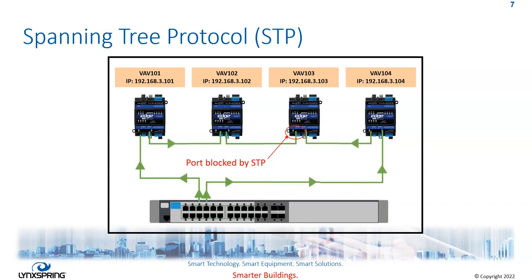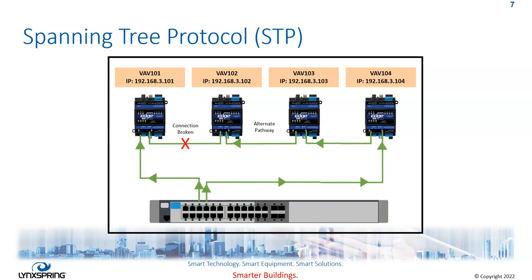So if the network connection between the VAV 101 and 102 is disconnected for any reason, such as during renovation, or maybe the cable goes bad, well, then the network pathways are going to be reevaluated and an alternate pathway is going to be implemented. In our example, the alternate pathway to communicate to 102 passes from VAV 103.